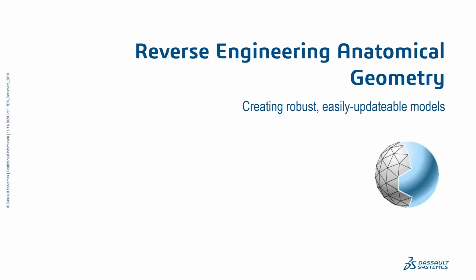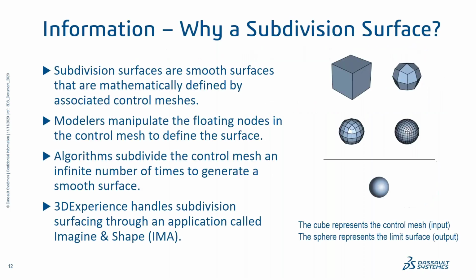So the purpose of this is to create a robust and easily updatable model that doesn't break. And there's a lot of different ways to build a geometric model from digitization data, whether it's coming from CT scan, MRI scan, or even just 2D images, right? The process that we're going to be using is what we're calling a subdivision surface.